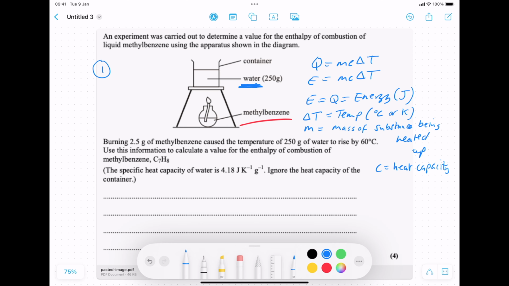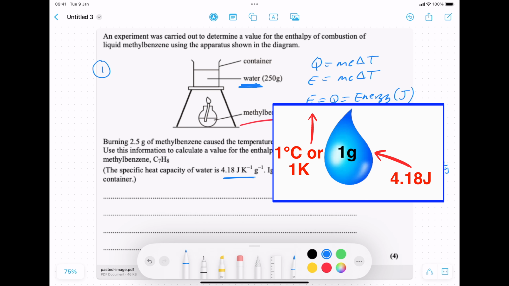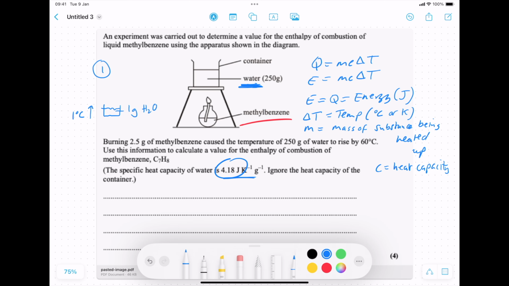So for water, that number is 4.18. In other words, you need 4.18 joules to raise 1 gram of water by 1 degree C. So pretend this little bucket there represents 1 gram of water. To make that go up by 1 degree C, I need 4.18 joules.